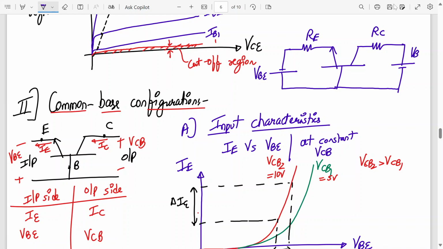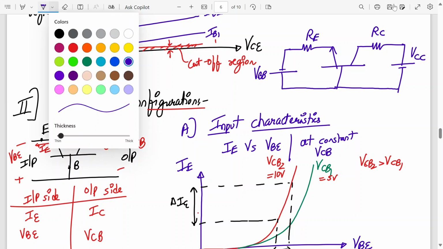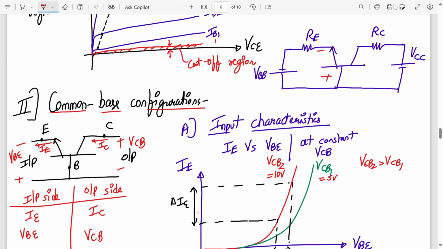So this will be VCB. I'll apply the supply voltage, and I'll name it differently. I'll name them VBB and VCC, and these voltages I call plus minus VBE, and here it will be plus minus VCB.